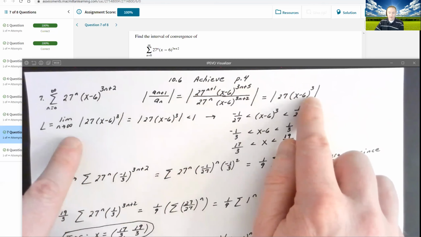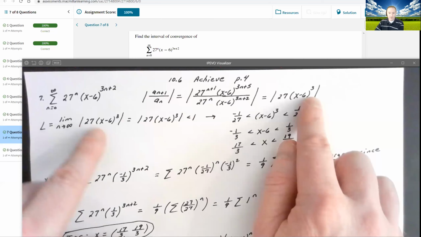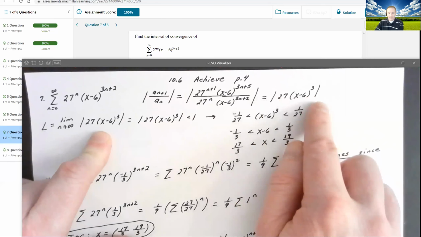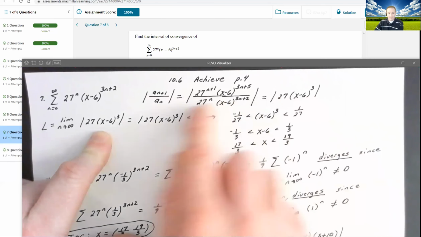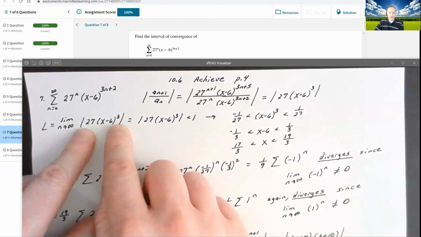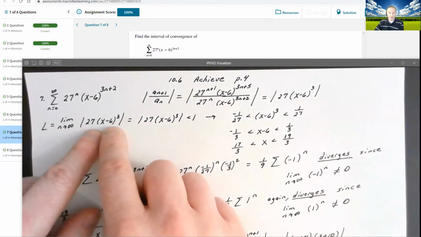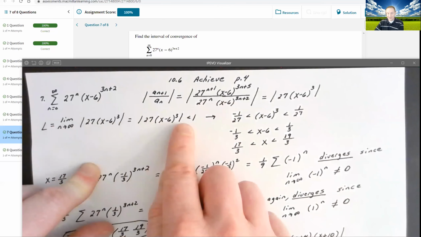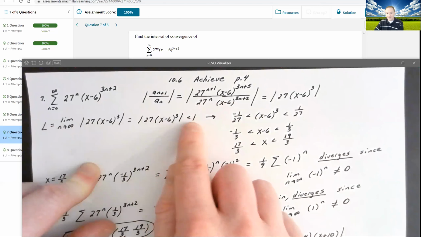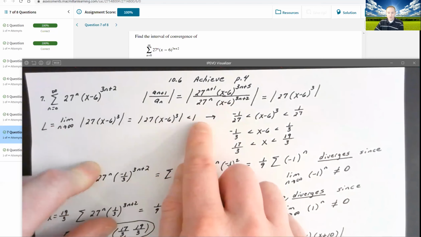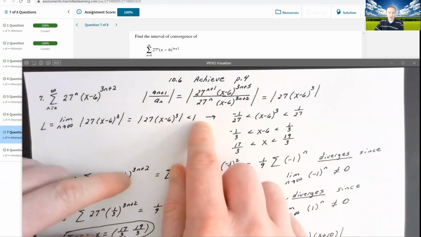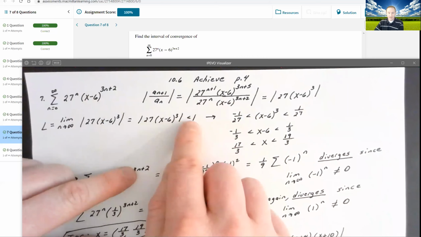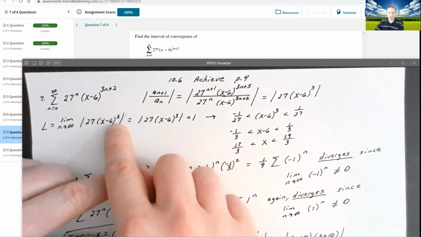So I'll now say, well, I need to take the limit as n approaches infinity of that expression, and clearly there's no n left in it. It all canceled out. So you just say, well, doesn't matter if n goes to infinity, your expression is still going to be the absolute value of 27 times x minus 6 quantity cubed. That needs to be less than 1. So I just said, well, then that means that this expression needs to be less than 1 or greater than -1.